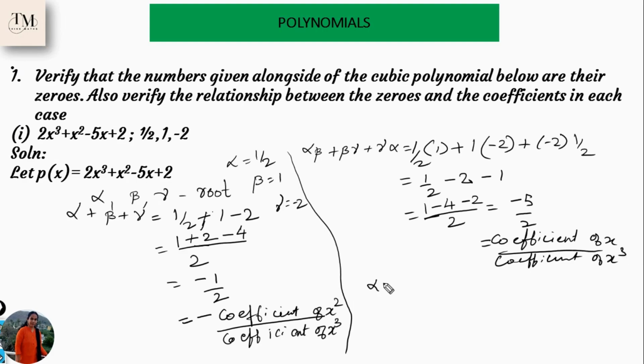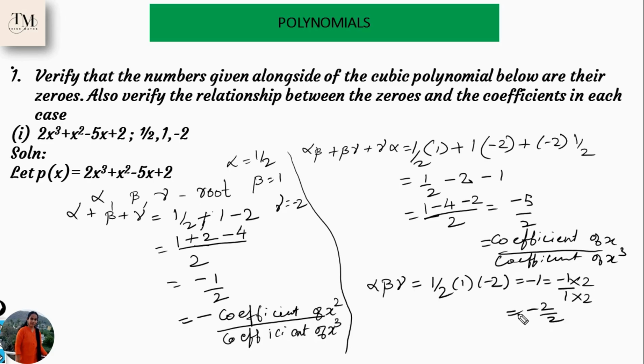Next, last is product of the roots. So alpha, beta, gamma: 1 by 2, 1, minus 2, which is equal to, this gets cancelled, minus 1. So this can be written as minus 1 divided by 1. Or you can write it by multiplying up and down by 2, as minus 2 divided by 2.